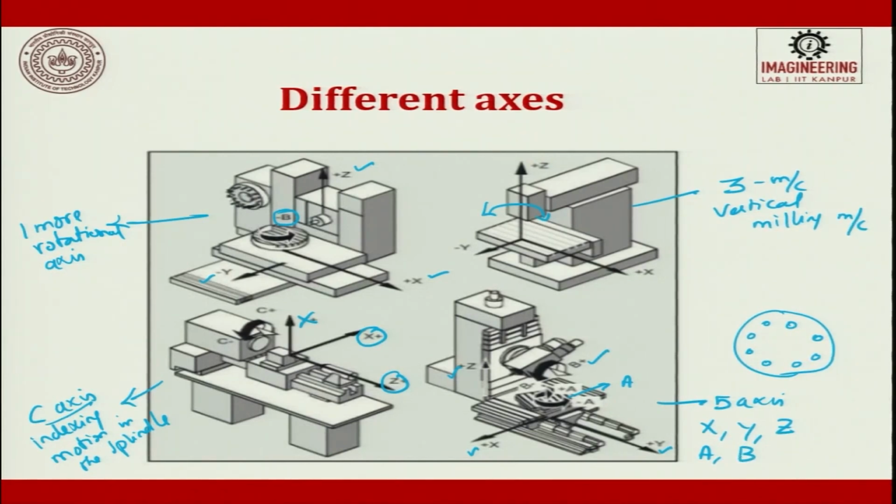This is a 5-axis machine, and here the B axis will not be 360 degrees, B axis will be maybe 60 degrees. So, this can swing, this is 0, 30, 30. Okay. Here A axis will go 360. Okay. So, these are the different axes.